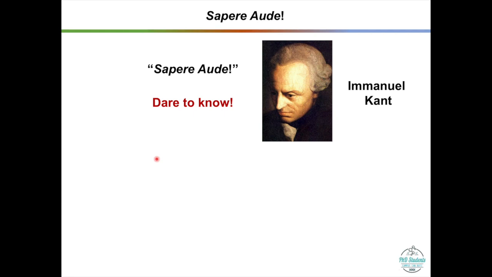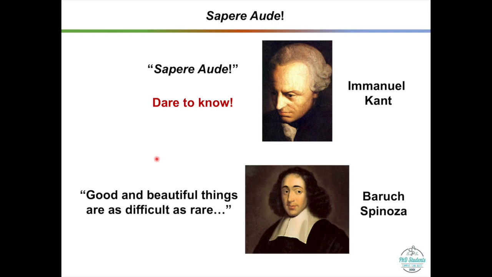But difficult things don't mean that they are impossible. You need to be like Immanuel Kant, sapere aude. You need to dare to know. You need to work hard, little by little, step by step, and you will learn how to perform everything with R. And some advice on where to start.